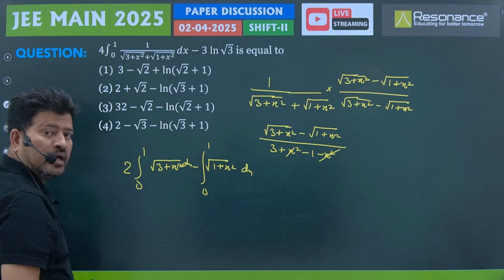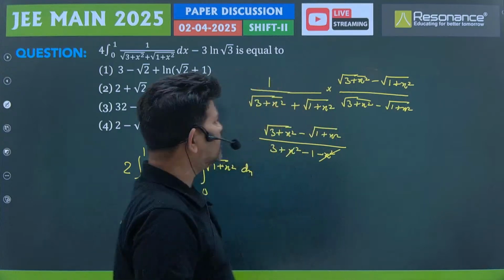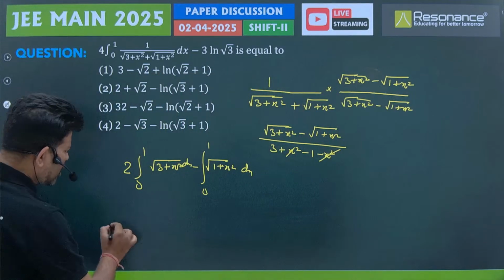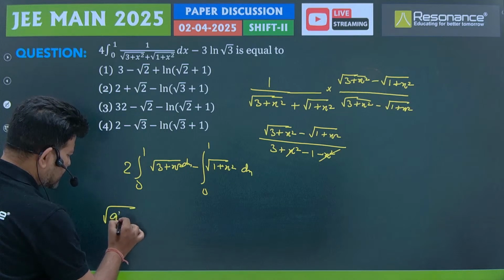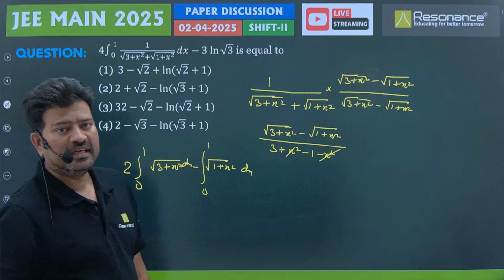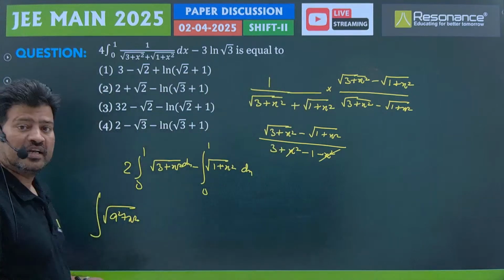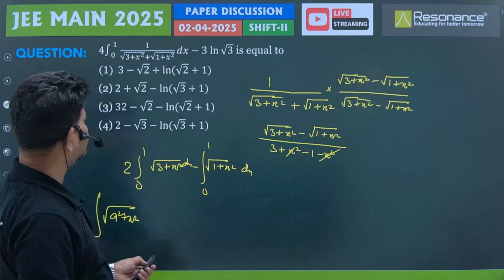This is the form under root of a square plus x square. Now if you apply the formula for a square plus x square, you simply get the result, taking limits 0 to 1, and then you get the answer.